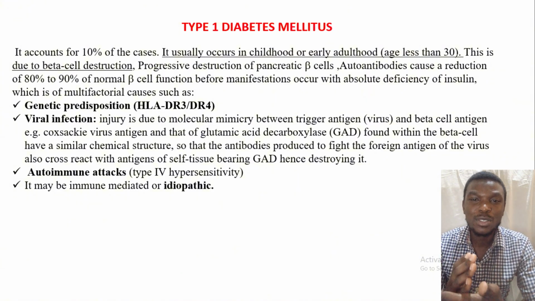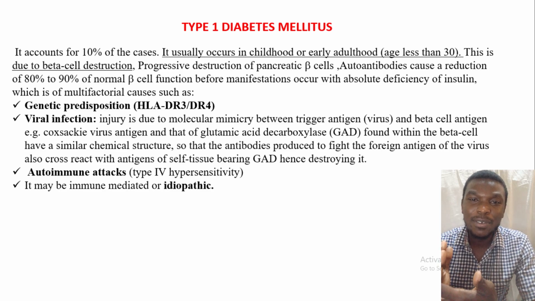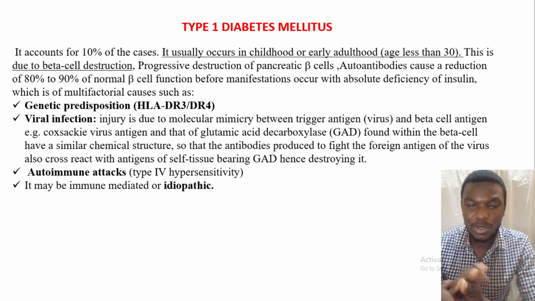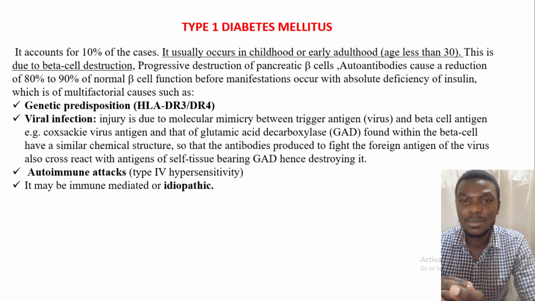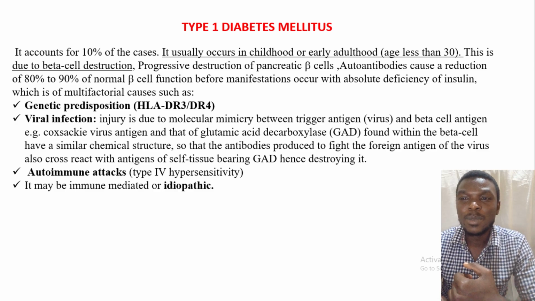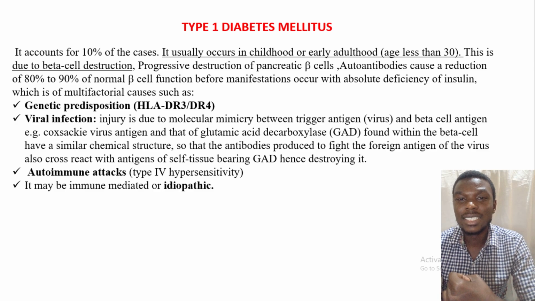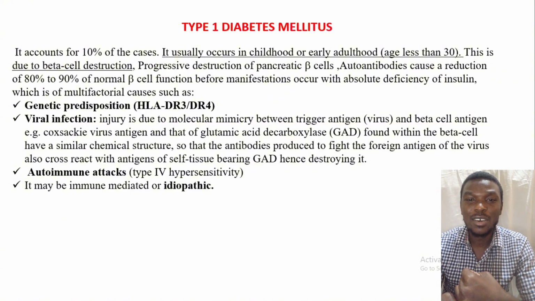Hence, the person quickly loses enough cells to produce enough insulin. As a result, they have a deficiency. So the causes will be genetic predisposition. So the patient is just genetically predisposed to this autoimmune attack of their cells.